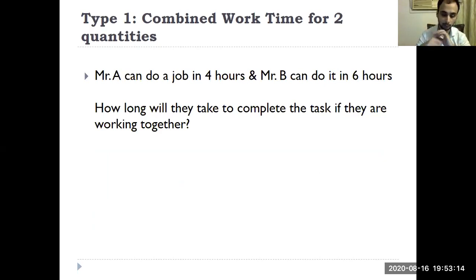Intuitively, can you think of what happens? Well, intuitively, what happens is that when your friend and you start working together, because there are two people working instead of one, you guys take less time.